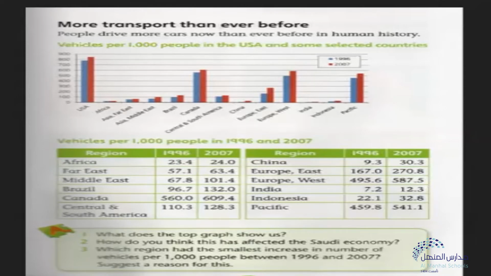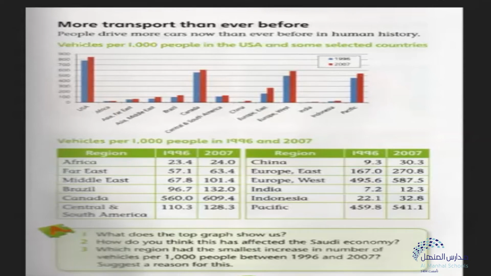Blue is 1996 and red is 2007. So the blue bar shows that in 1996 about 780 people were driving cars in the USA. In 2007, about 830 to 850 people per thousand are driving cars.